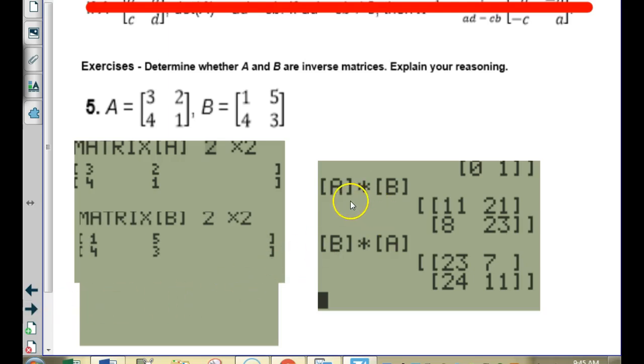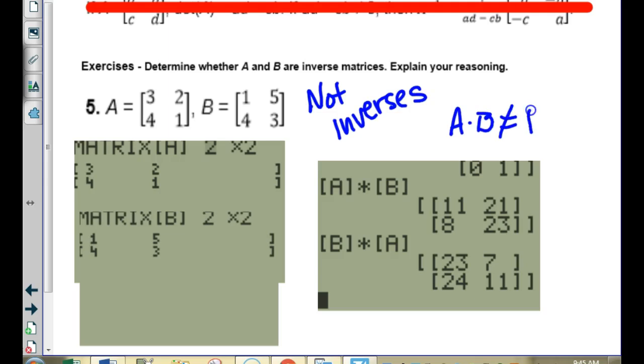Okay. So on number 5, I typed it in A times B, B times A. Are these inverses? These are not inverses of each other because when you type A times B and B times A, you don't get the identity matrix. So just write not inverses because A times B does not equal the identity matrix.